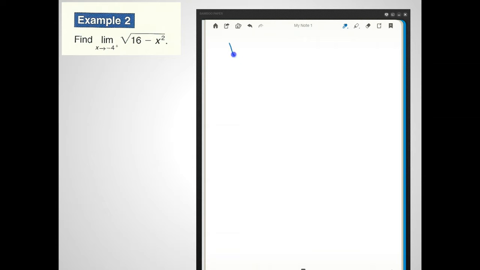So this is equal to the square root of the limit of the function 16 minus x squared, as x approaches negative 4 from the right.